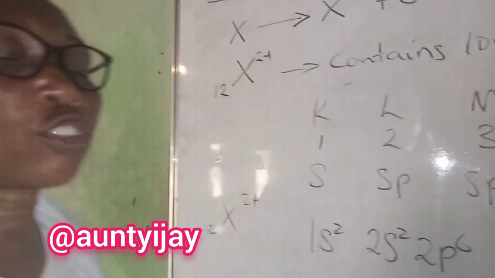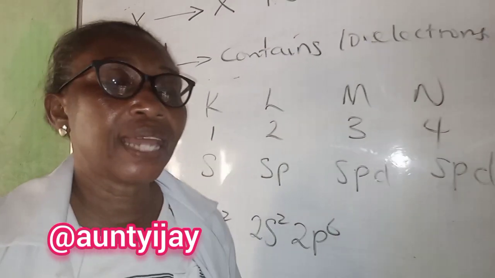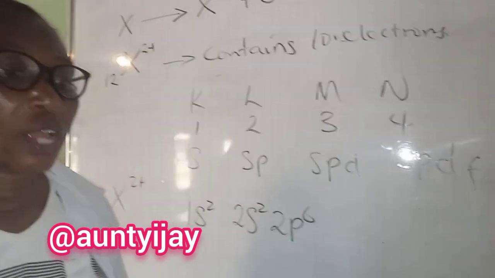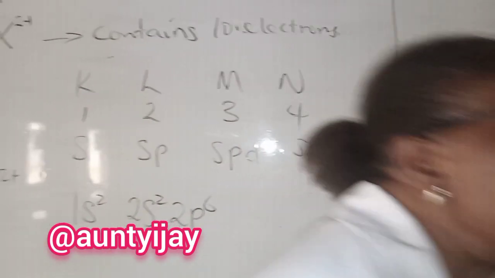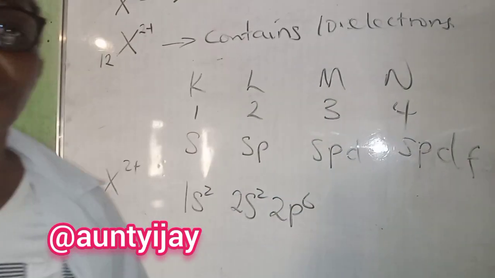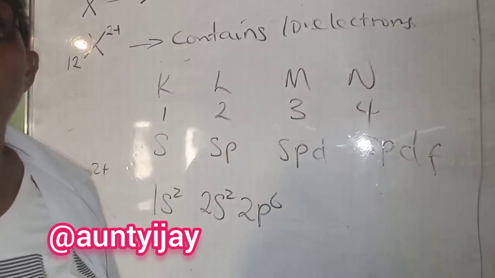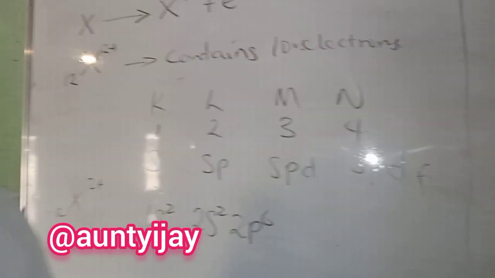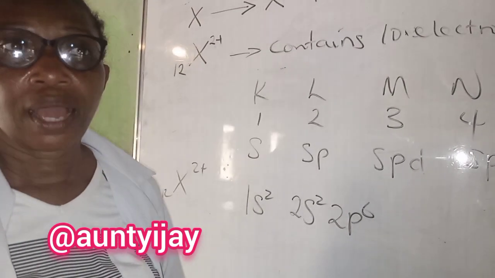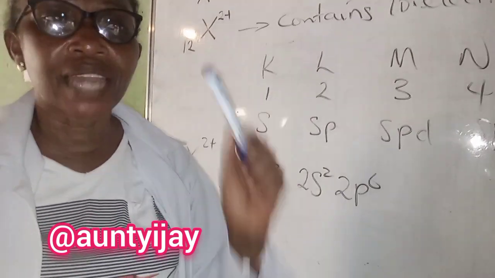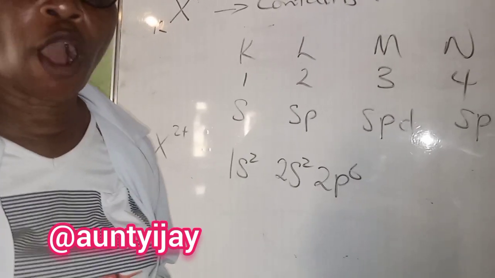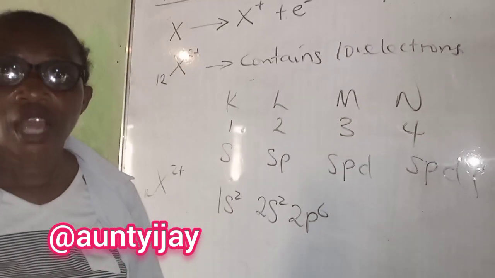Now, if we are talking about negatively charged ions, a negatively charged ion is formed when an atom of an element gains an electron. When an atom of an element gains electrons, it forms a negatively charged ion.